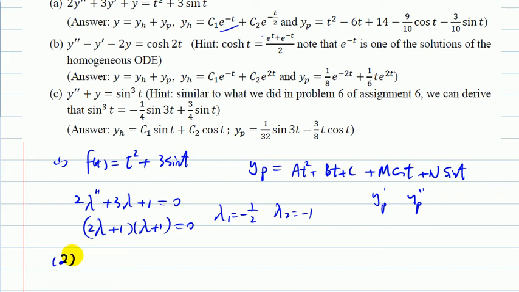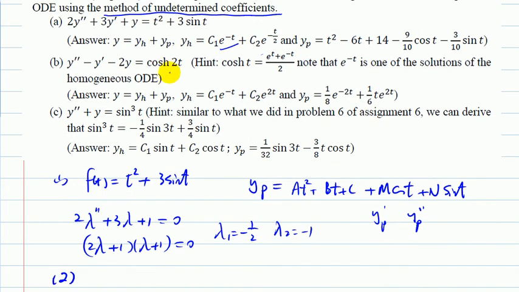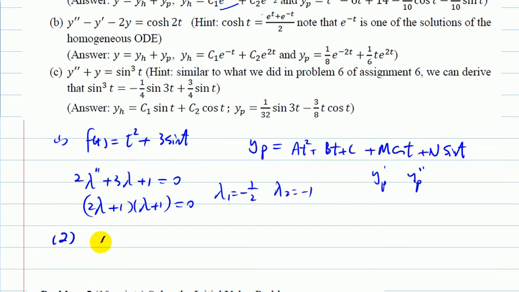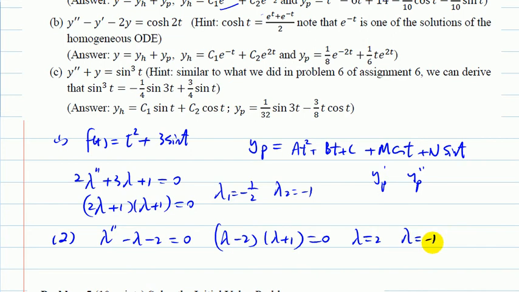For the second one, the forcing function is a cosh 2t, and cosh 2t is equal to this one here. So there are basically 2 forcing functions: one is e to the power of t over 2, and the other is e to the power of negative t over 2. What we noticed, and the hint says, is that e to the power of negative t over 2 is one of the solutions of the homogeneous ODE. If you look at the characteristic equation here, one root is this and the other is this. So you have one forcing function with this, and the other forcing function is this.